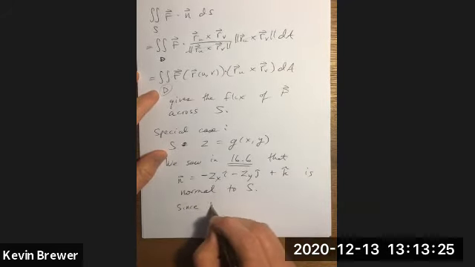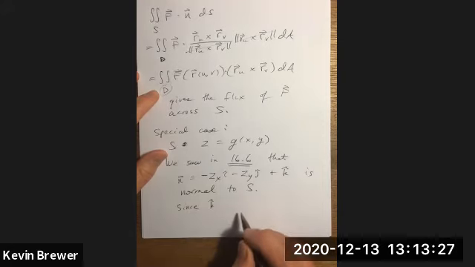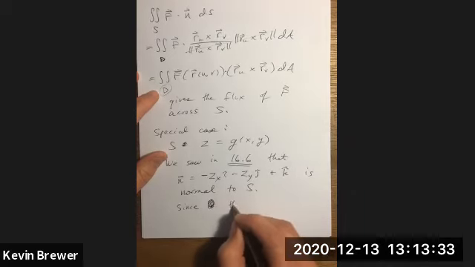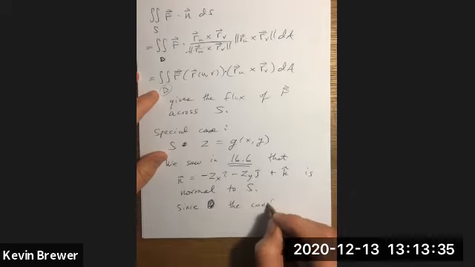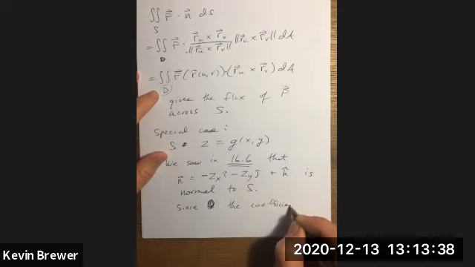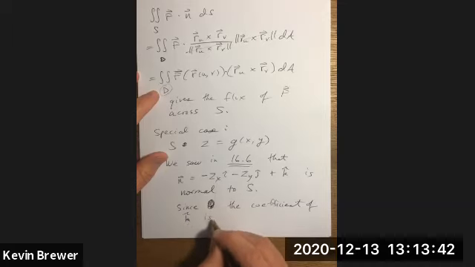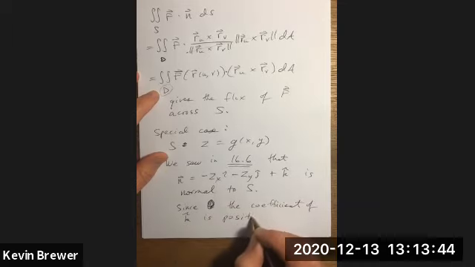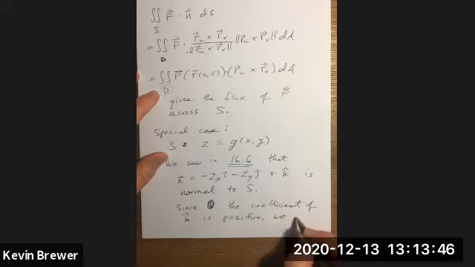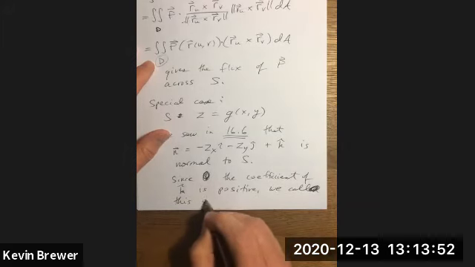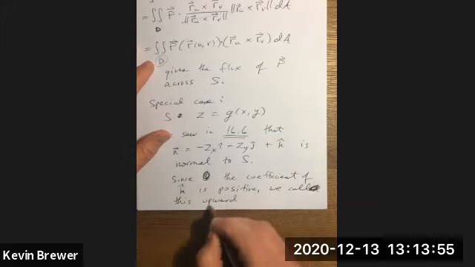Since the coefficient of K is positive, we call this the upward normal.